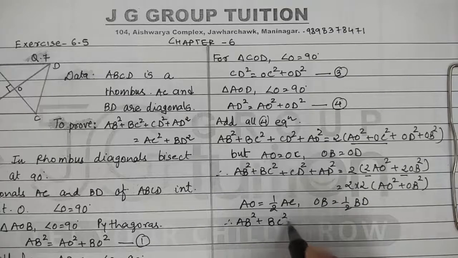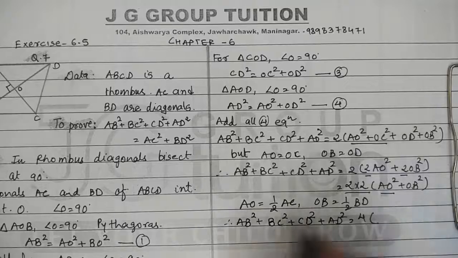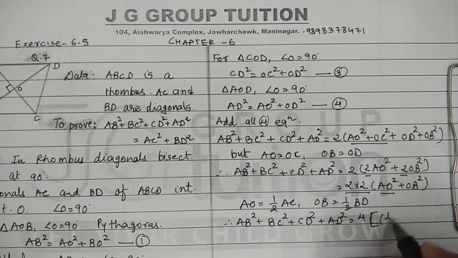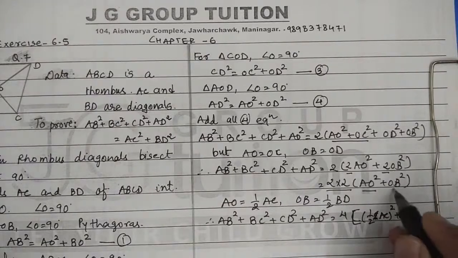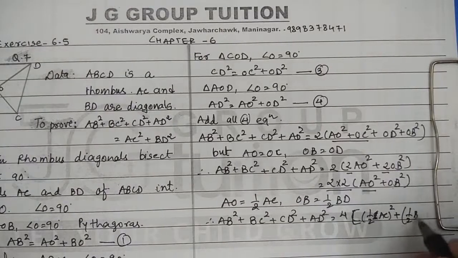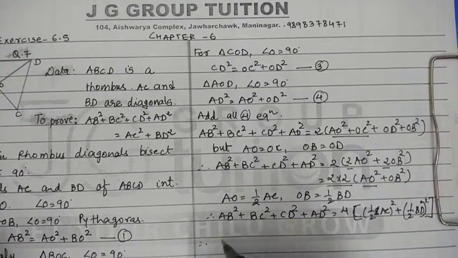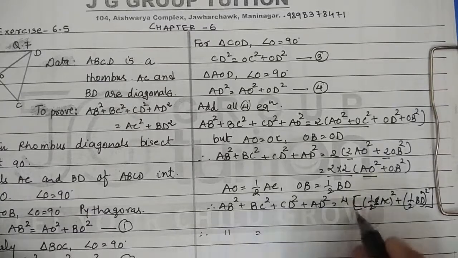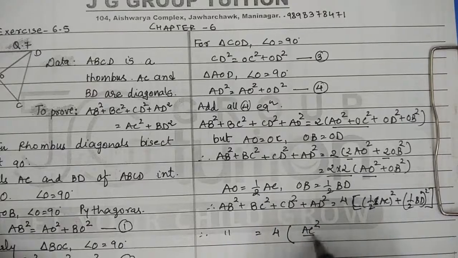So AB square plus BC square plus CD square plus AD square equals, as these 2 2s are 4, AO square is half AC whole square plus OB is half BD whole square. Let us simplify. I'll keep the left hand side as it is, 4 as it is. Half square is 1 by 4, so AC square by 4. And here again the same, BD square by 4.